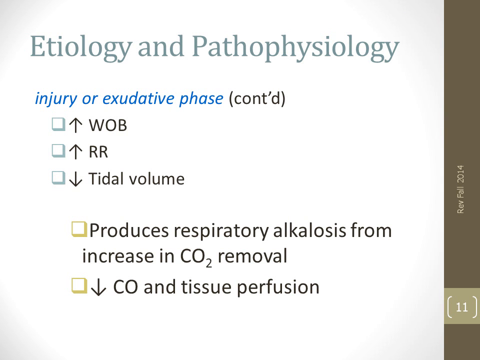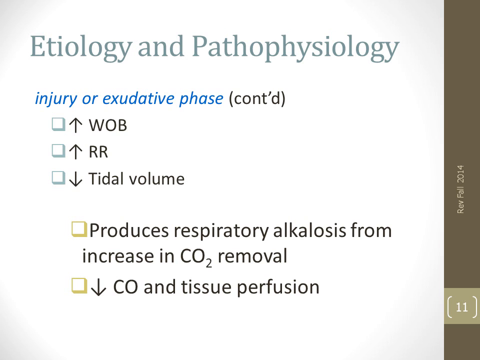Okay, so because of that pulmonary shunting, the work of breathing is increased. They are trying very, very hard to oxygenate themselves, and their respiratory rate is up. Their tidal volume is down because of all of the atelectasis that they have.